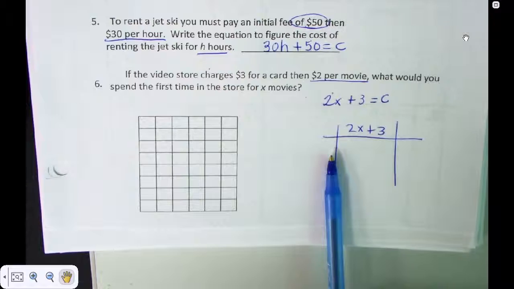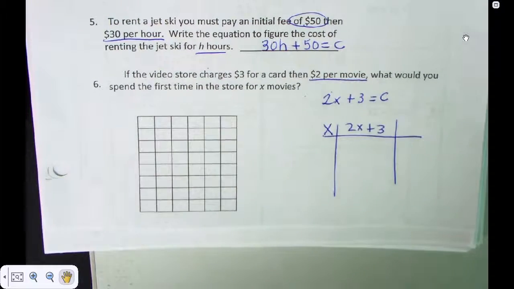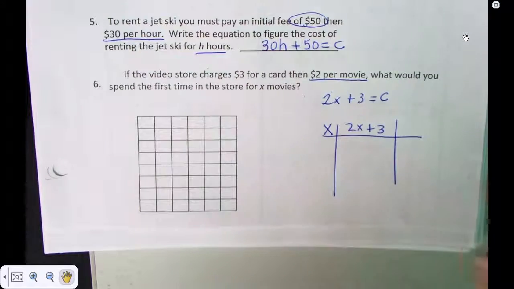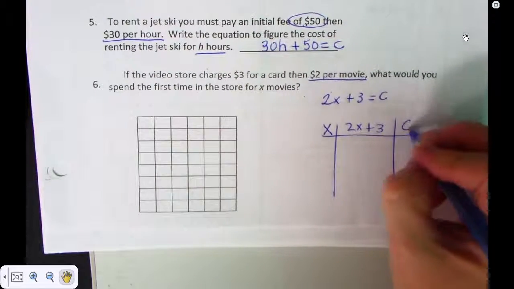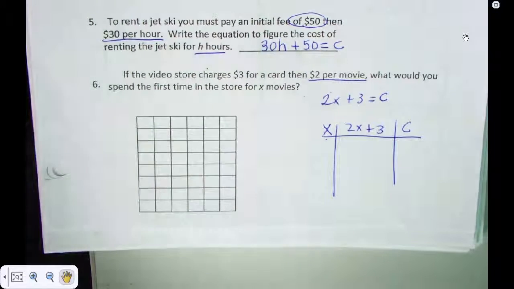So, X, if Katie is running the store and she wants to figure everybody's cost, the cost depends on what? What does the cost depend on? How many movies. You don't walk in the door and she goes, okay, Alea, you owe me $10.